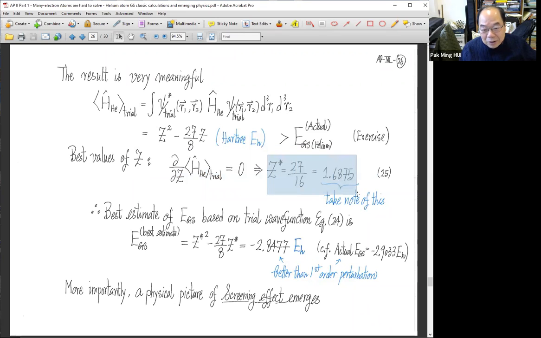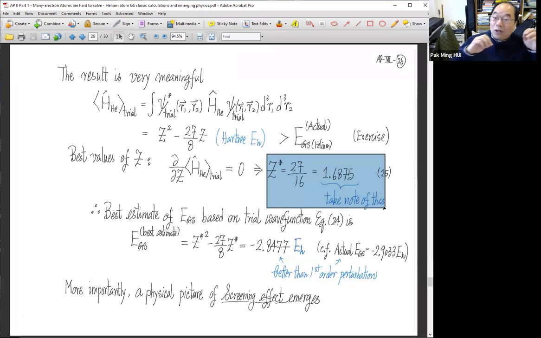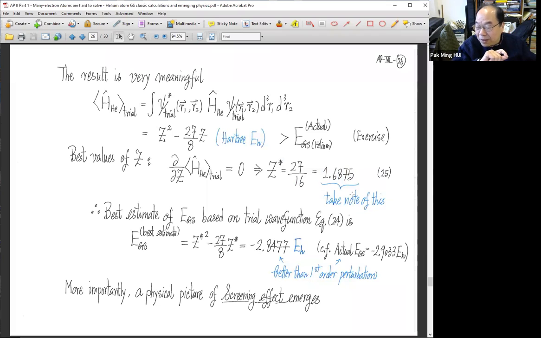I would like to stress that, take a look at that, okay? It is not 1, it is not 2, it is a fraction, well, a rational number, 1.6875. Okay, rather funny thing.